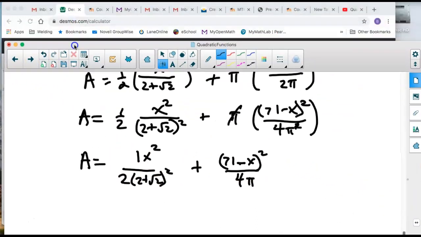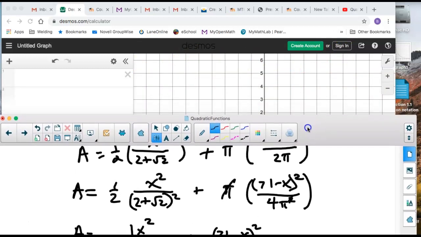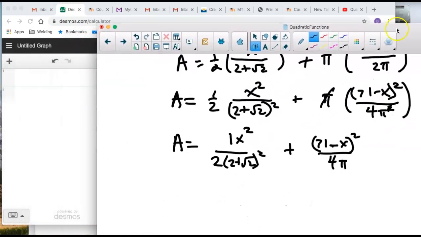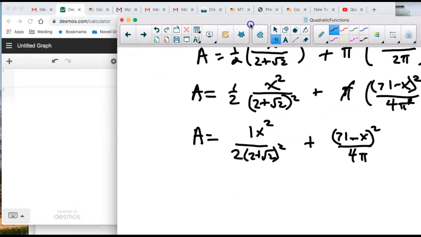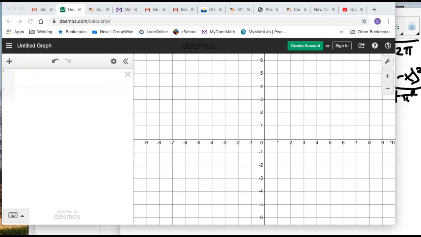Let's look at this in terms of our Desmos here. Here's Desmos up here. I'm going to move this down a little bit so I can still see it. But type it in. So we're going to have x squared divided by that 2. Okay, so let's go back and forth here.